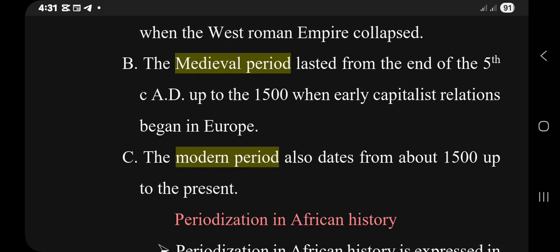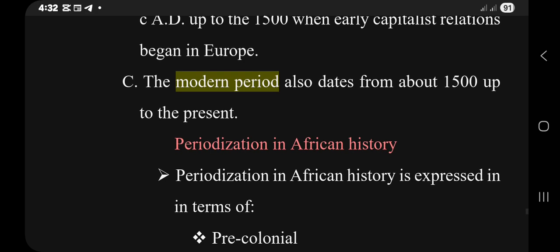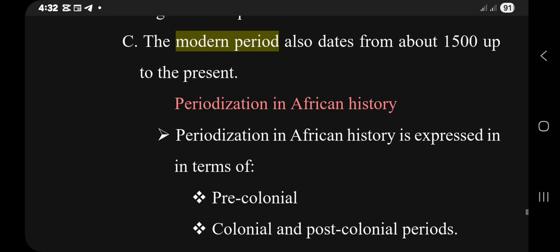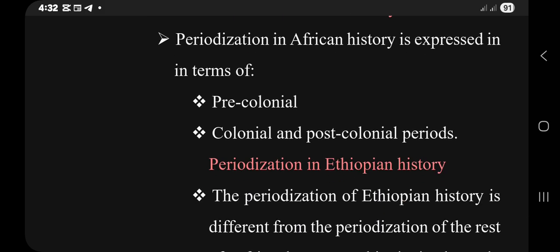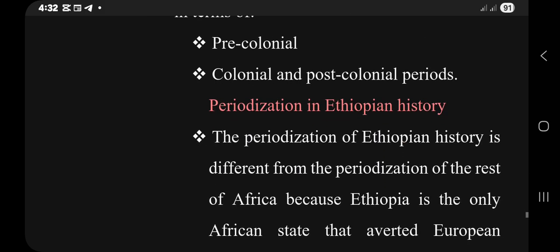The modern period dates from 1500 up to the present. As I have already mentioned, African history is unique because of colonialism. Based on this, we have pre-colonial Africa, colonial Africa, and post-colonial Africa.